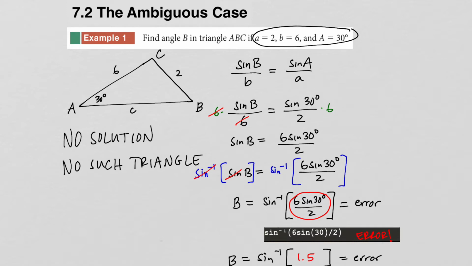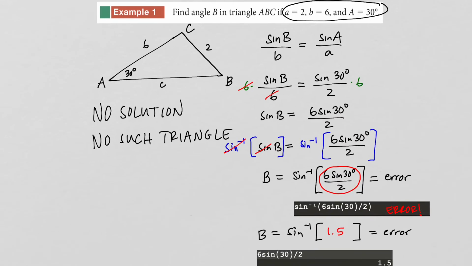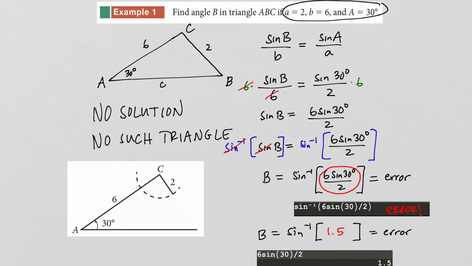But why is that? Because when you look at our picture, it looks like we can make a triangle. So why is it that we can't solve this triangle? Well, actually, my picture is not really that accurate. Let me bring in a more accurate picture that will hopefully help us understand why it is we have no solution.